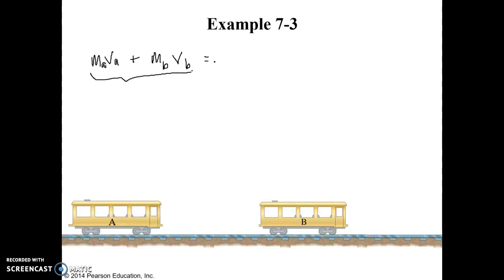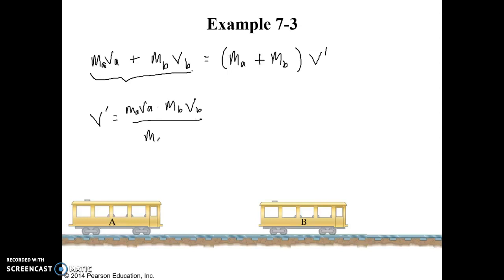And when it's finished, the two masses are going to combine into one linked train that has a mass of m_A plus m_B, and they're going to have the same final velocity. So that's what we want to know, what that final velocity is. So we can solve for v prime and see that that is going to be m_A v_A plus m_B v_B divided by m_A plus m_B.